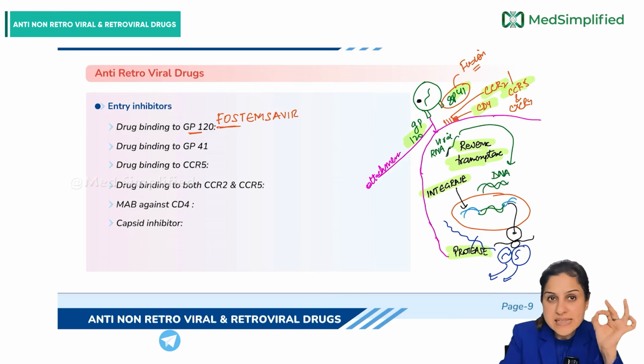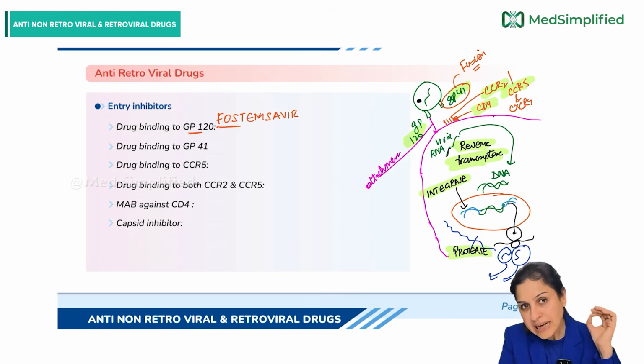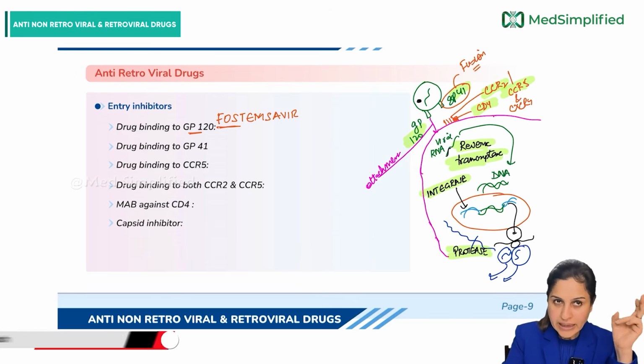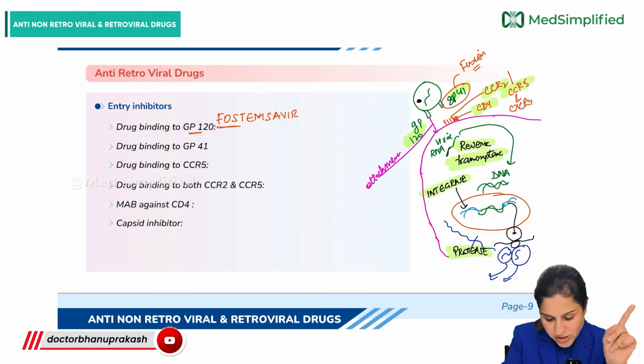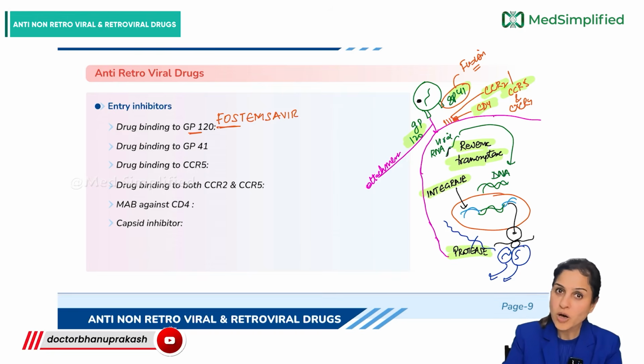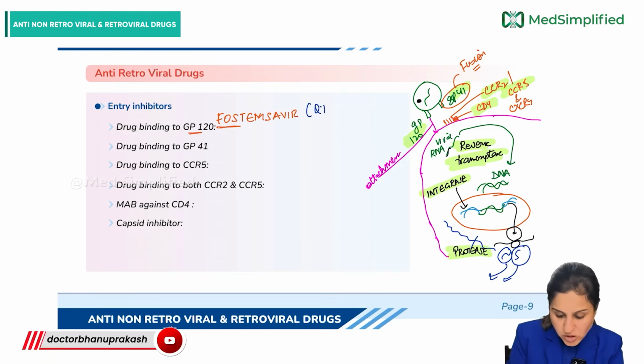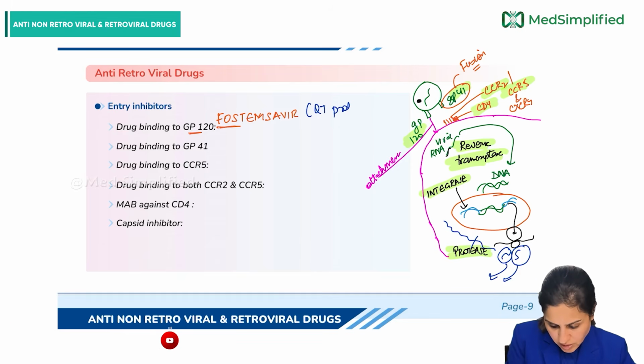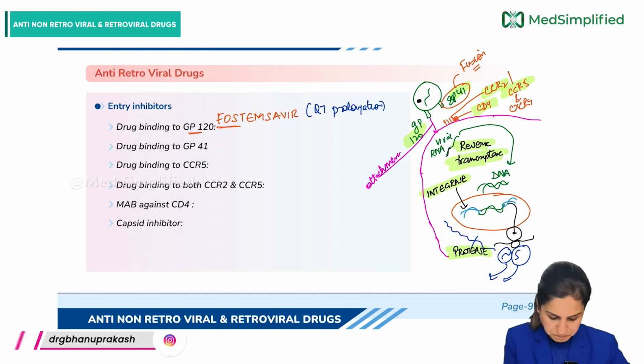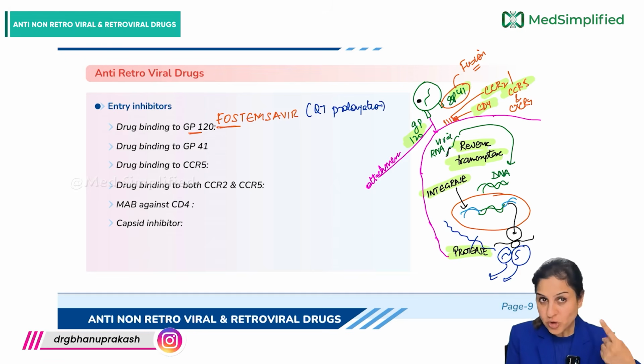So the first step that is blocked is the attachment. GP120 is responsible for attachment. So fostemsavir is going to block this attachment. The drawback with fostemsavir is that it can cause QT prolongation.